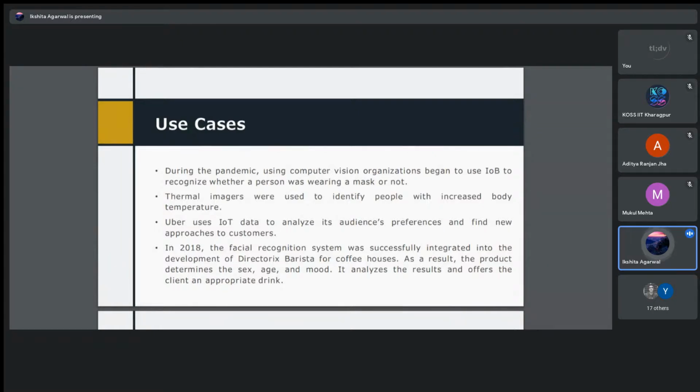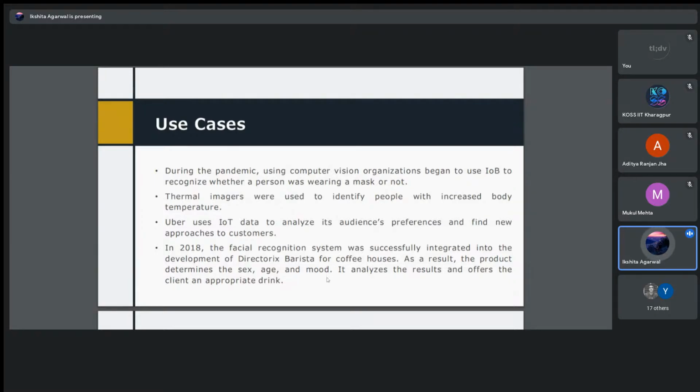During the pandemic, in the hospitality industry, computer vision was used to recognize whether a person was wearing a mask or not. Thermal imagers were used to identify people with increased body temperature, and even Uber uses IoT data to analyze its audience preferences and find new approaches to customers.